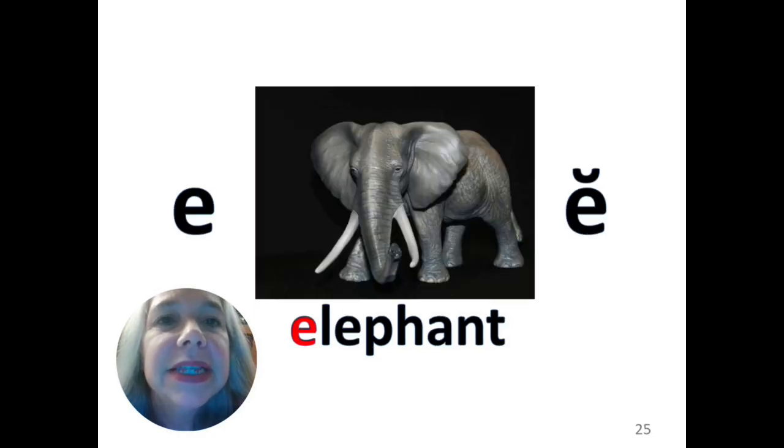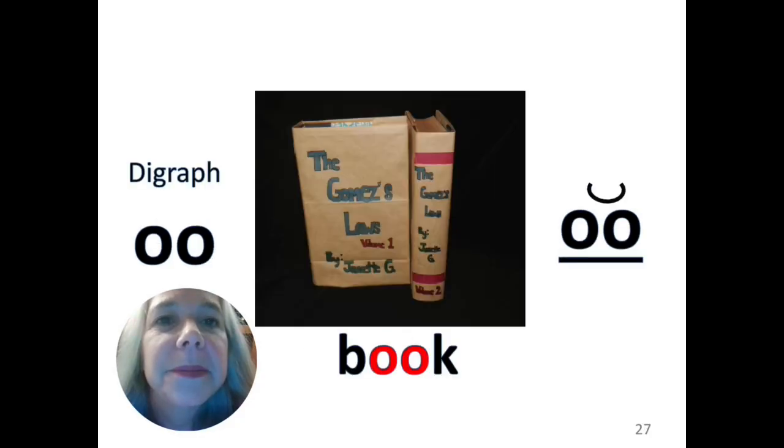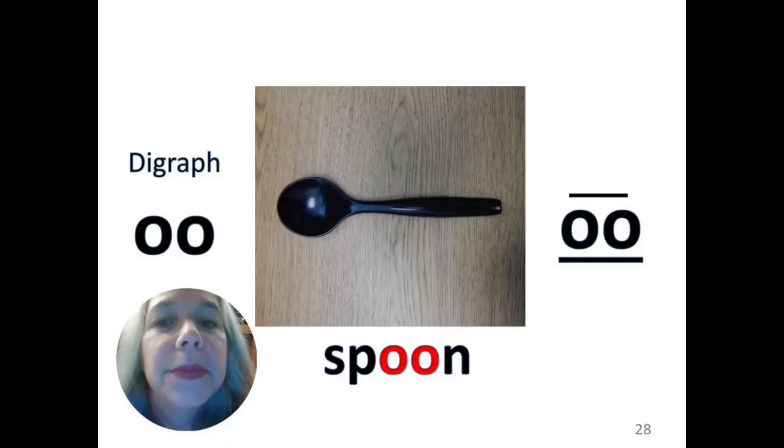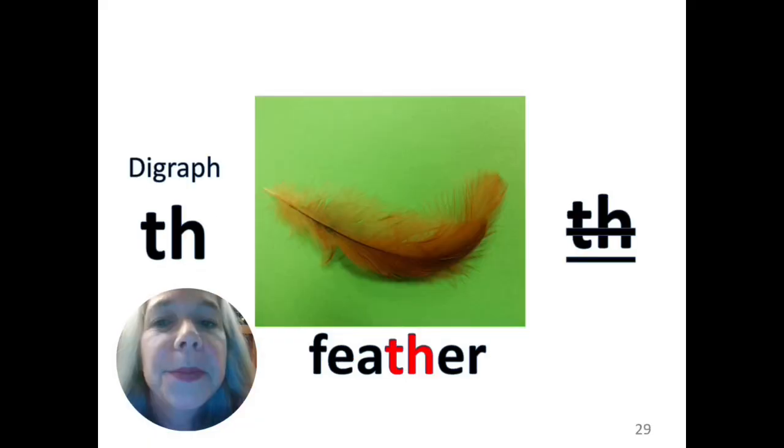E, elephant, e. Digraph OO, book, oo. Digraph OO, spoon, oo. Vase, v. Digraph TH, feather, th.